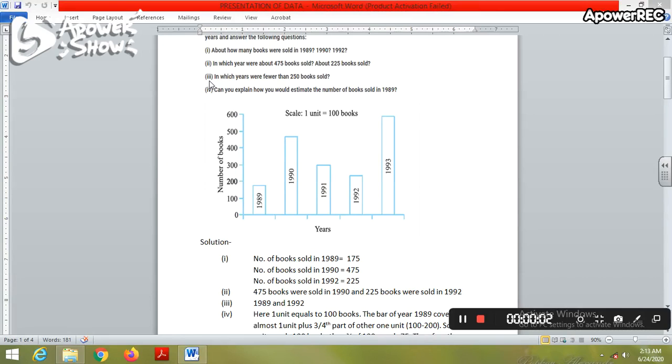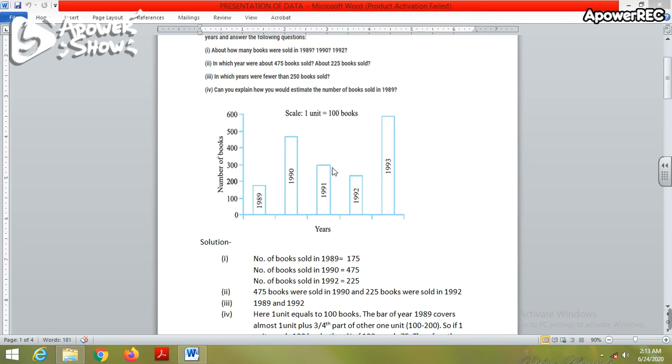Now the third part of the question is, in which years were fewer than 250 books sold? So you have to find out the years during which less than 250 books were sold. This information can be easily obtained by using this bar graph. Just have a look. In the year 1990 more than 400 books were sold.